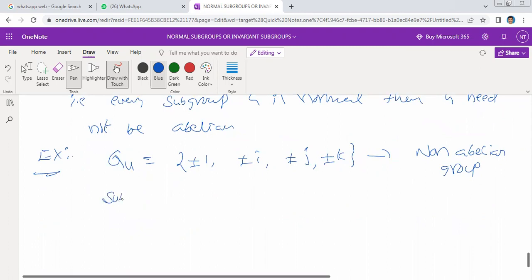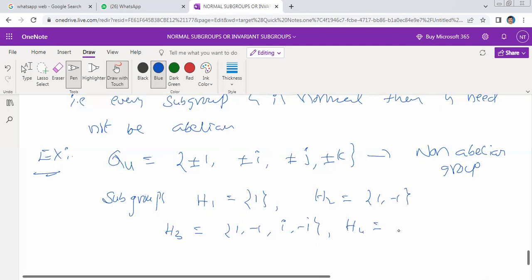Subgroups are H1, only the identity element. H2, 1 and minus 1. H3, 1, minus 1 along with plus or minus I. H4, 1, minus 1, J, minus J. It is also a subgroup.